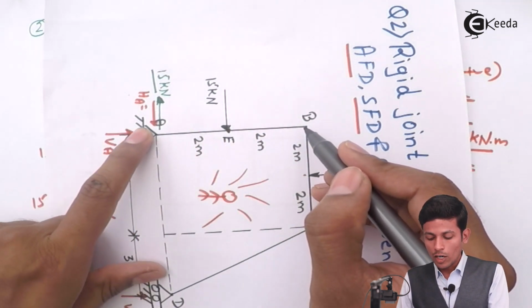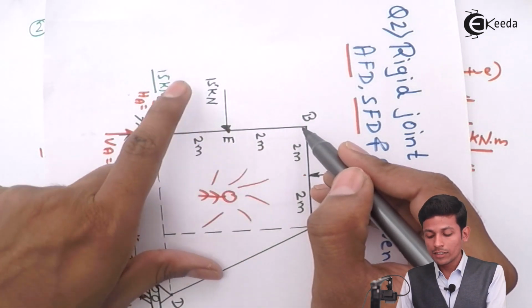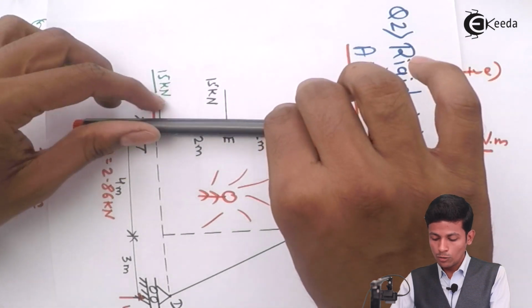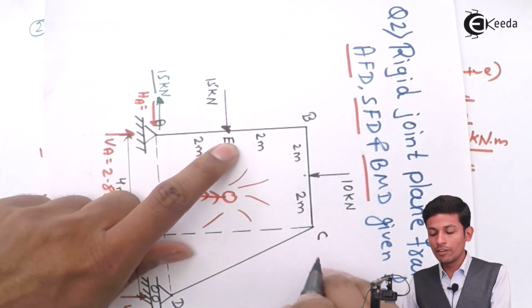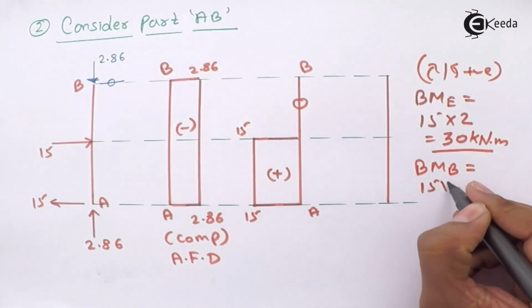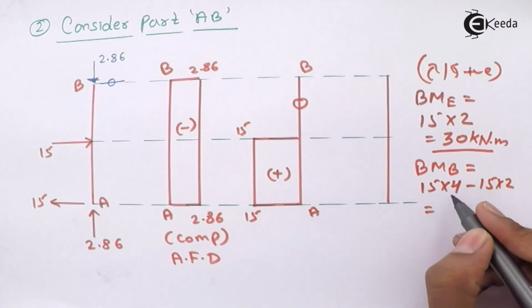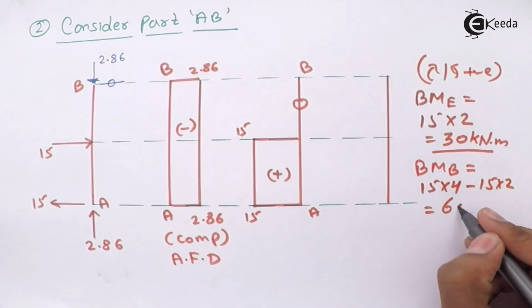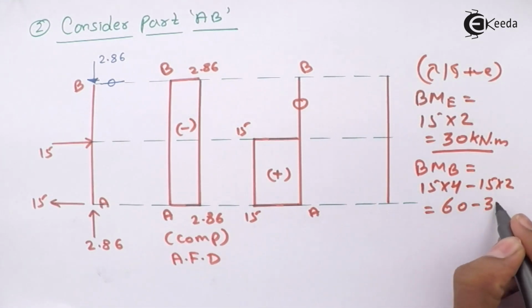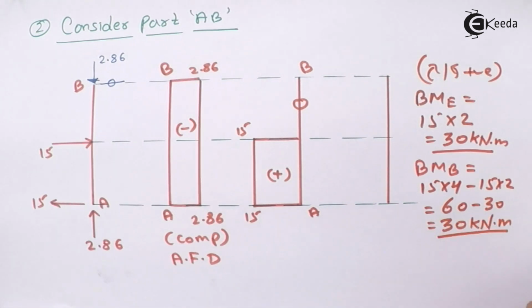See how it will come: 15 into 4 minus 15 into 2. That is 60 minus 30, you get the value 30 kilonewton meter.